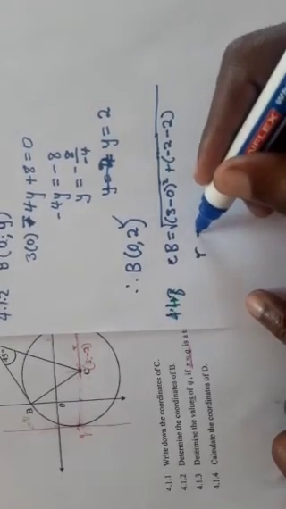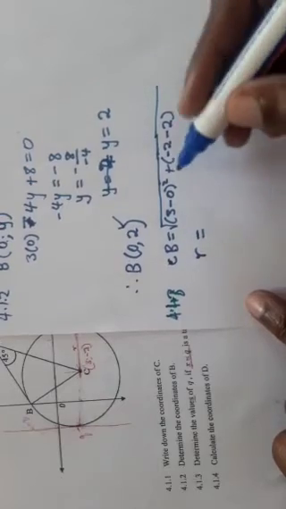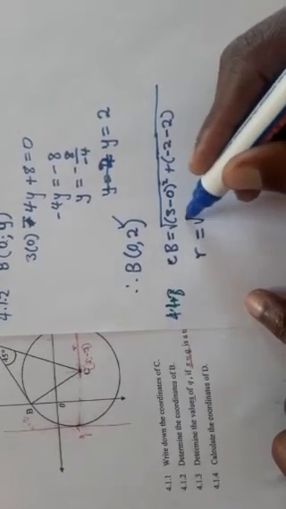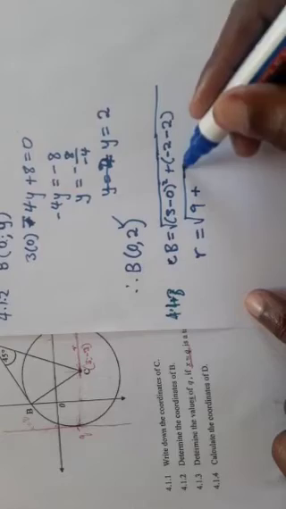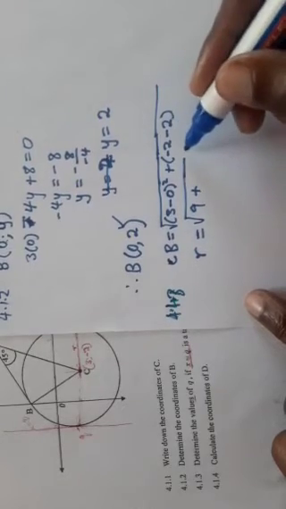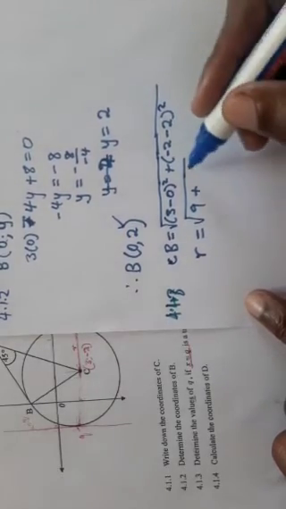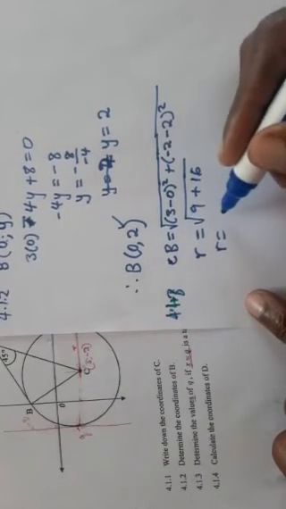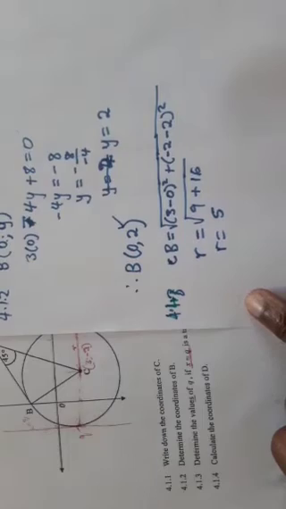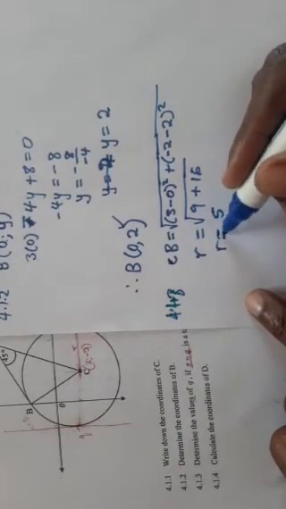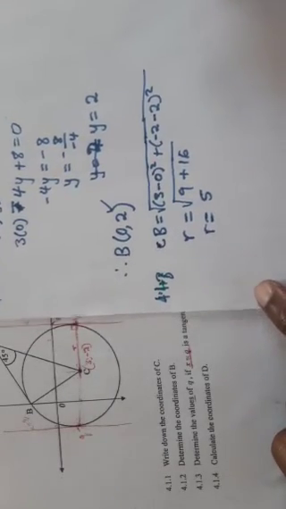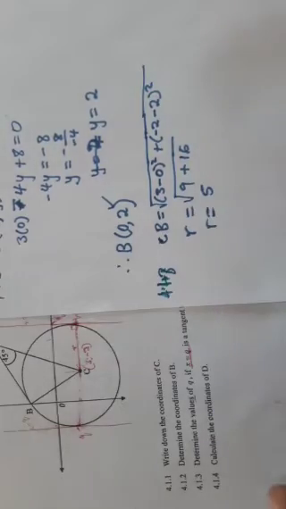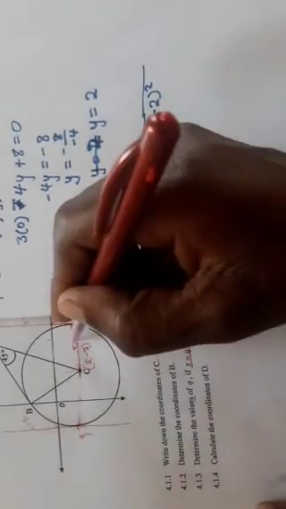Now this is the same as r equals the square root of 9 plus 4 squared, which is 16, so plus 16, r equals the square root of 25, which is 5. So r is 5 units.